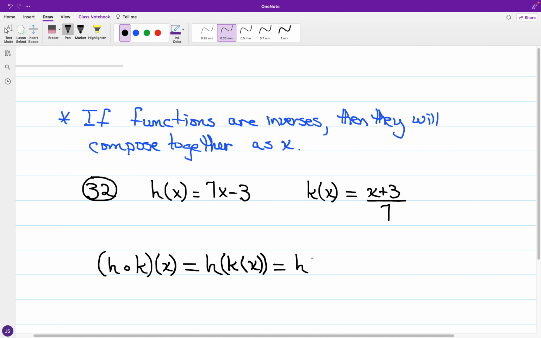The way we can set this up, the output function will be in line with h of x. With the input at k of x as opposed to x, we have 7 times k of x minus 3.